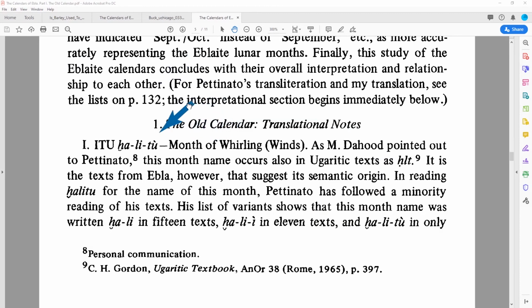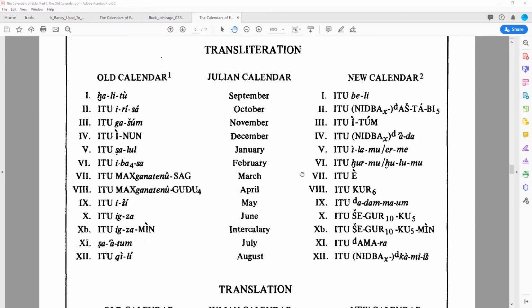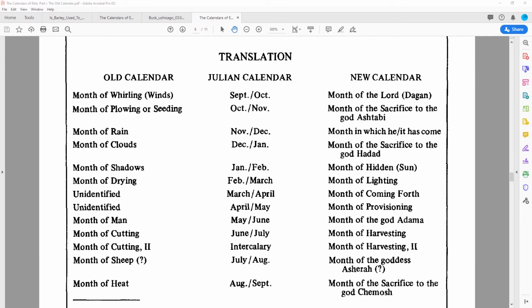We see here the month of whirling winds that I was talking about. Here's a transliteration and a translation. So let's look at a few of these month names. This is the new calendar, which I mentioned. They changed the names of the months. Seems like they were named in a very biblical fashion to begin with, and that they turned more idolatrous in the new calendar here.